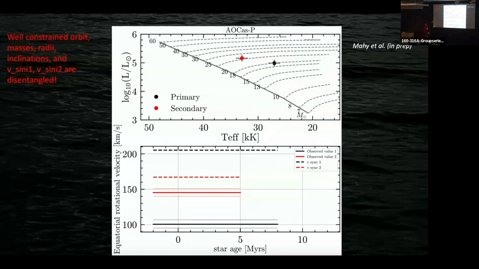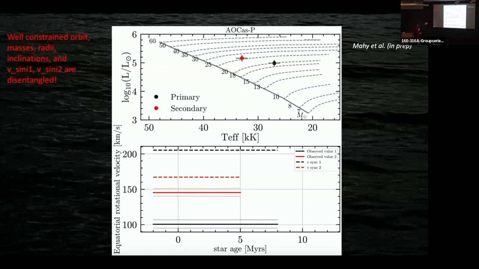Here is one of the systems we are studying nowadays, and the bottom panel shows the actual rotation for both. It's not v sin i, I'm sorry. I've already subtracted the inclination, so it's already equatorial rotation velocity, and also the synchronization velocity at the current time.